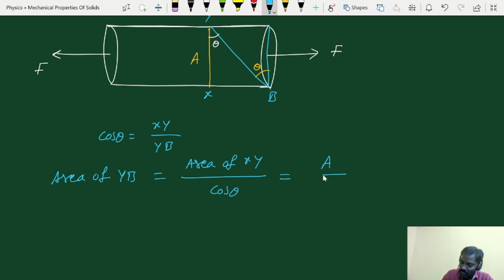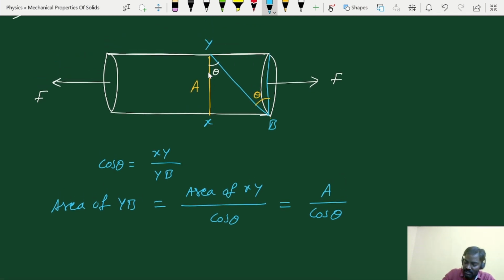So that is equal to A by cos theta, as they are giving the area of XY section, that is the transverse cross section, is A. Now if this is F, the rope is in equilibrium. Tension at each and every point will be equal to F. So at this point, this side tension is F.